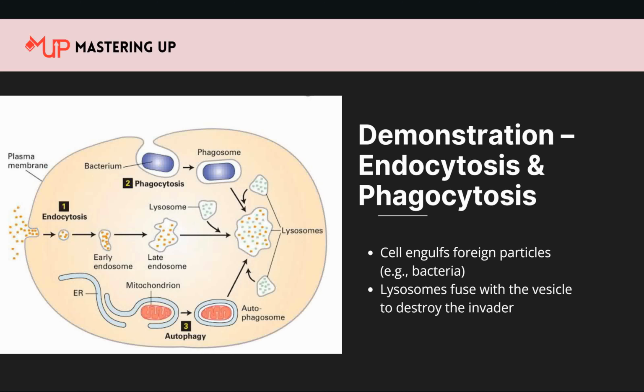Similarly, autophagy takes place where organelles like mitochondria, if any defects are identified, form an autophagosome, which fuses with the lysosome, and the same digestion process takes place, and then the molecules are released. So basically, lysosomes fuse with the vesicles, and the digestive enzymes digest the molecules, which are proteins and lipids.